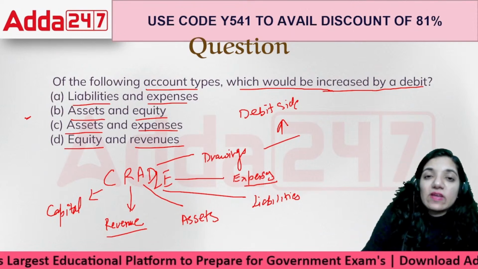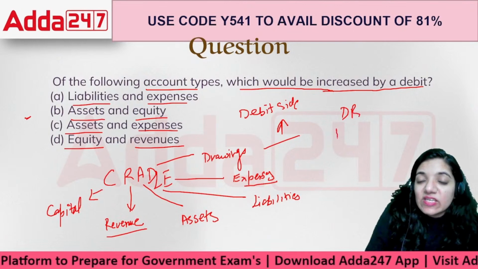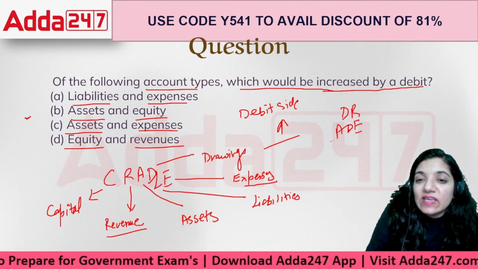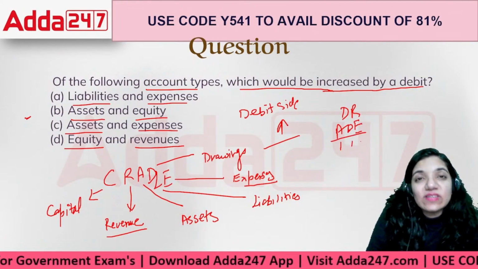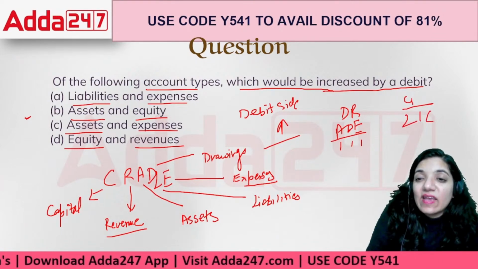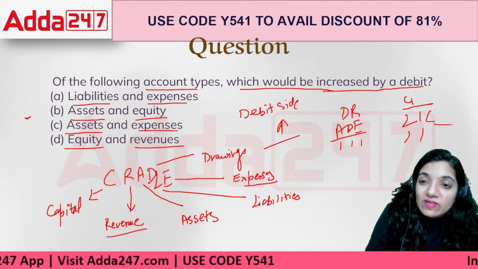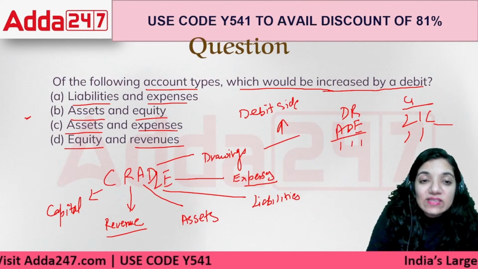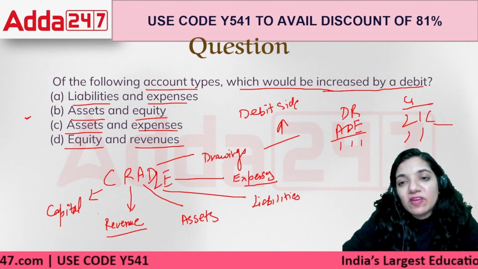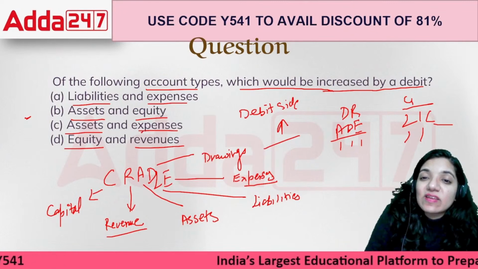Among the following, if I really have to divide them, then the debit side has been taken by A, D, and E. That is assets, drawings, and expenses. While the credit side has been taken by L, I, and C: liabilities, incomes, and capital. So these entire 6 items have been divided into 2 different groups. So which one would be increased by a debit?